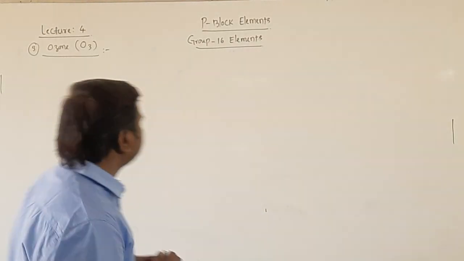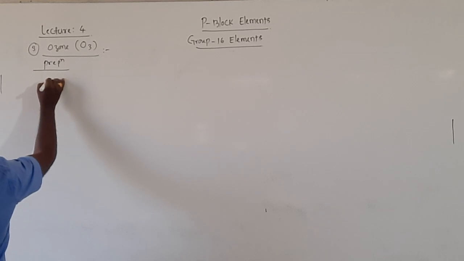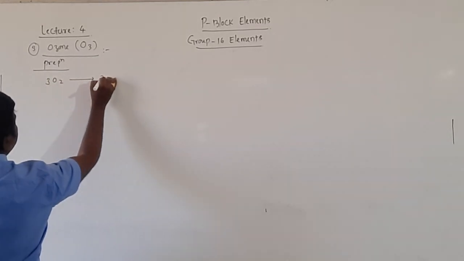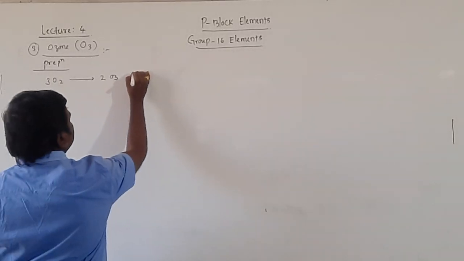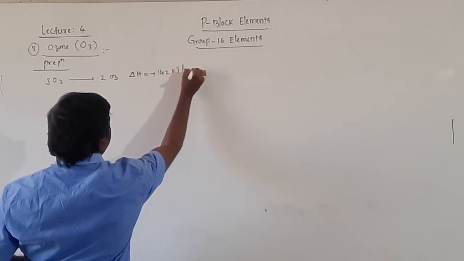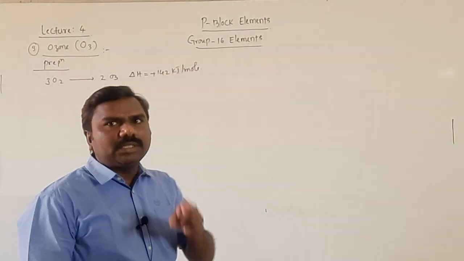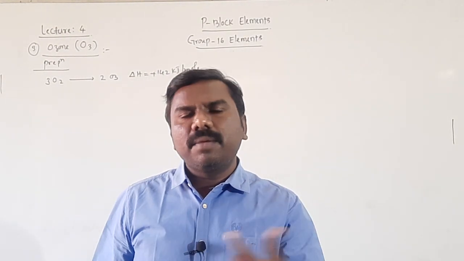Preparation of ozone: 3 moles of oxygen is converted into 2 moles of ozone. Here delta H is equal to plus 142 kilojoule per mole. It means when oxygen gas is passed through the electric discharge, it becomes ozone.